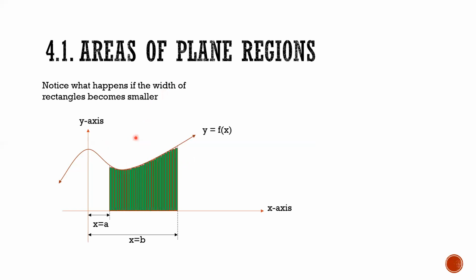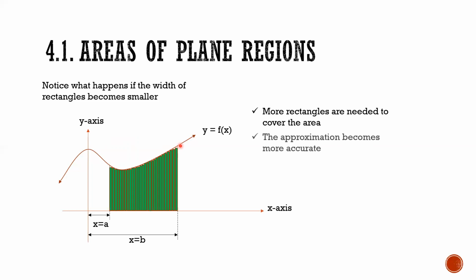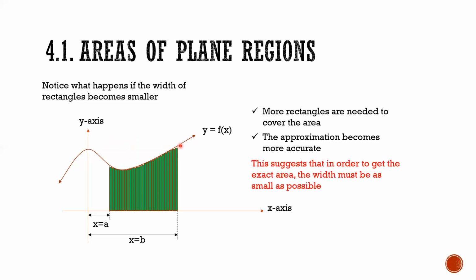As we consider smaller width, as we can see, the area that were not considered or the error in our approximation becomes smaller. So therefore, we can conclude that there are more rectangles needed to cover the area. The approximation also becomes more accurate. This suggests that in order to get the exact area, the width must be as small as possible.